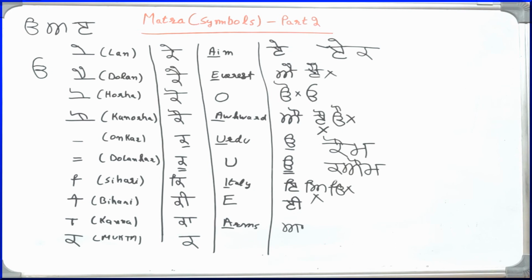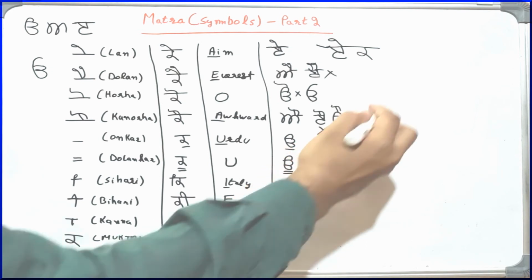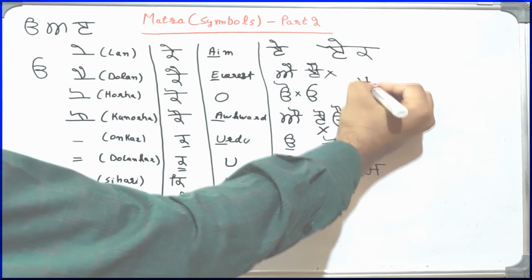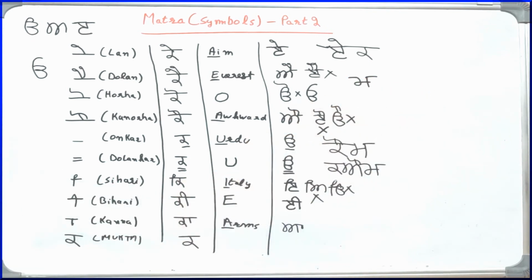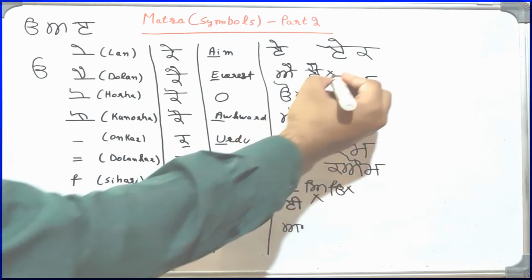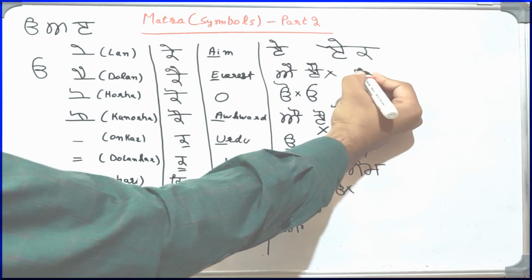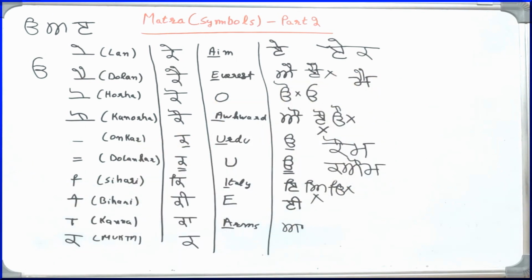For example, I have this letter mamma, right? If I'm going to use this dola, how will I write it? Will I write it something like this? Right? No. So we are having two types of letter.